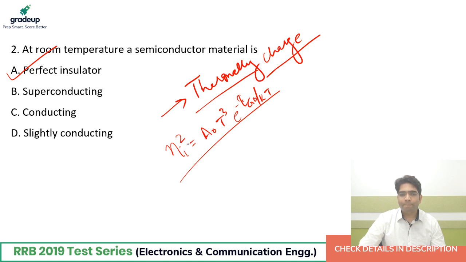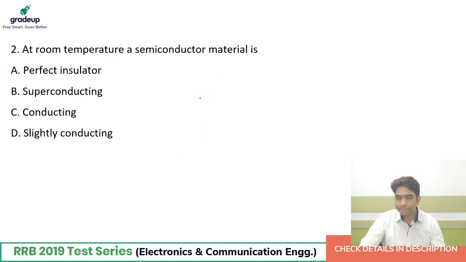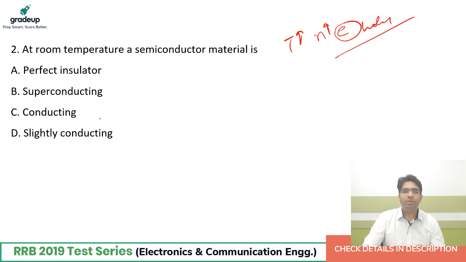Do you remember this? You have to go by this formula: if the temperature is increased, covalent bond breaking will be there, and electrons and deficiency of electrons, called holes, will be generated. If the temperature is increased, more electrons and holes are generated, but at zero temperature there will be no thermally generated electrons and holes, and you will get a perfect insulator.